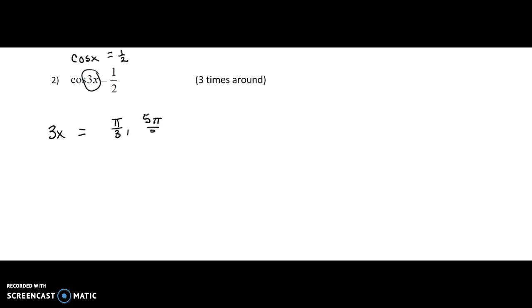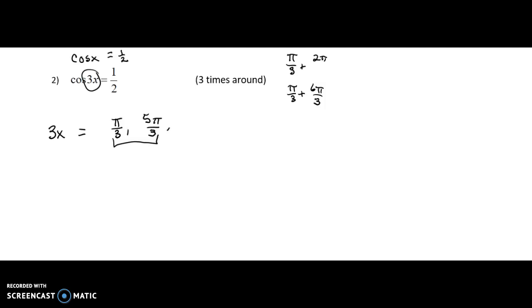That's one time around the circle. So we're going to have to add 2 pi to each of those. So we've got pi over 3 plus 2 pi. We'll have to have a common denominator. So pi over 3 plus 6 pi over 3 is 2 pi.